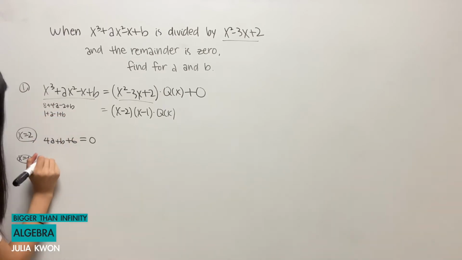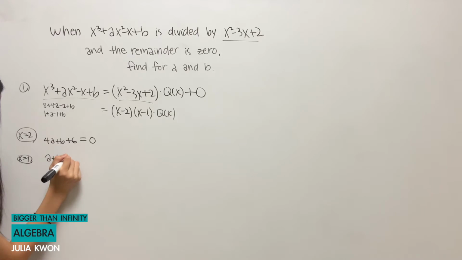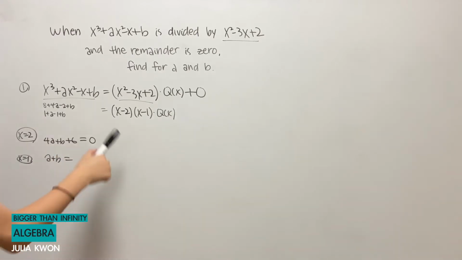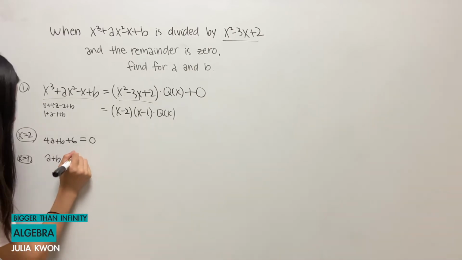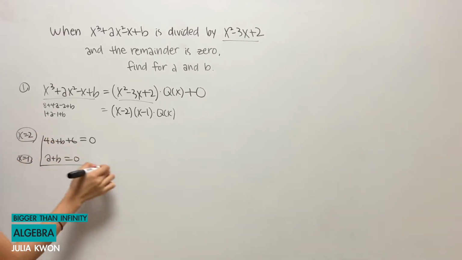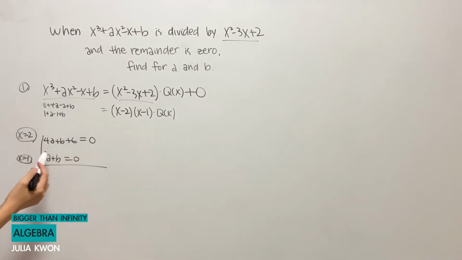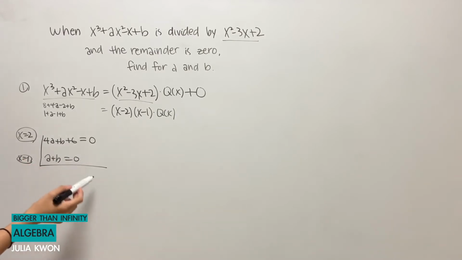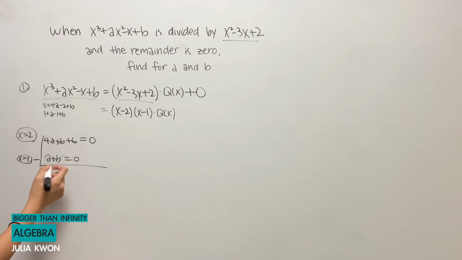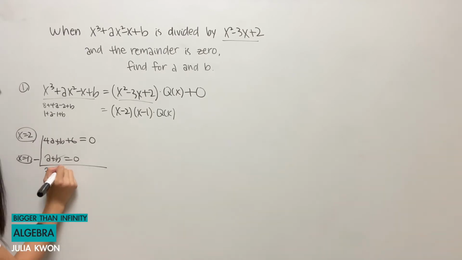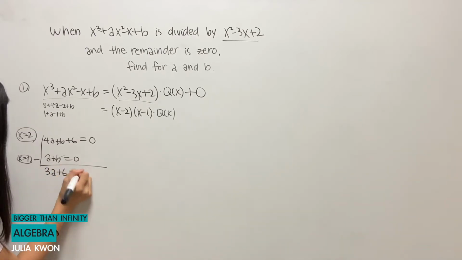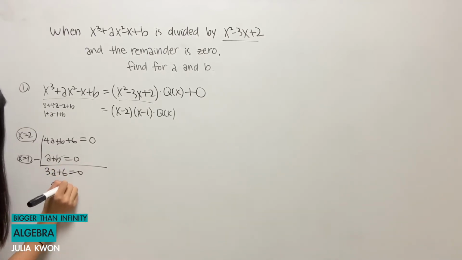So that is a plus b is equal to, again, if we put x as 1, everything will disappear, making 0. Now if we subtract this equation by a plus b equals 0, the b's will cancel out and we will be left with 3a plus 6 is equal to 0, and that gives us a equal to minus 2.